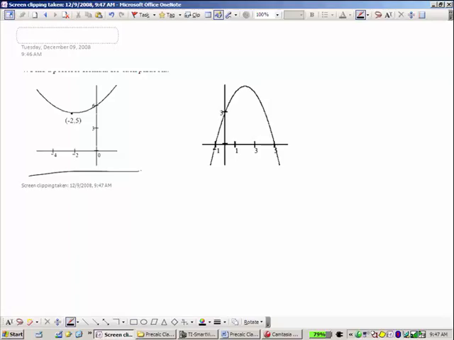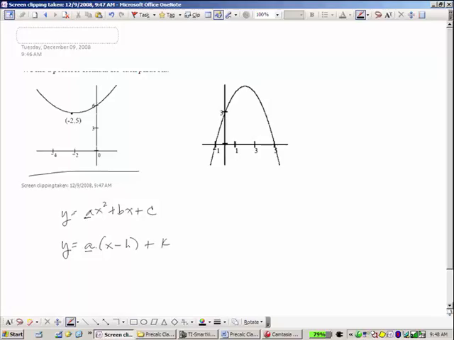So you either have this form, which is standard form, or you have this form, which is vertex form. And I need to say this because sometimes it's not clear. This A and this A are different A's. Because they're different formulas and equations, they're different values, and I don't know why we just didn't pick something differently.